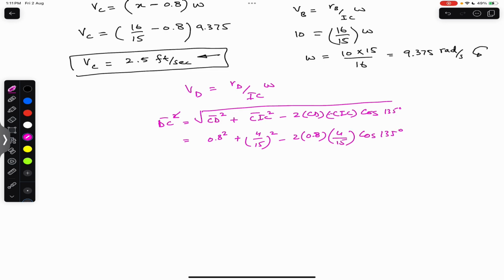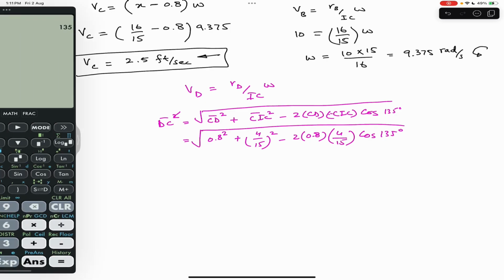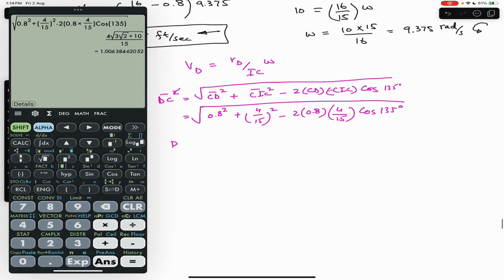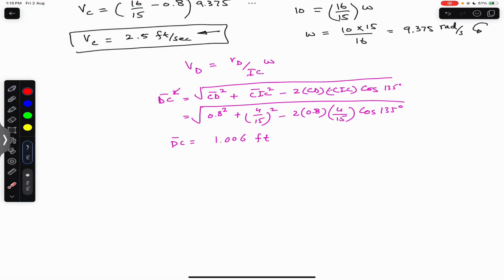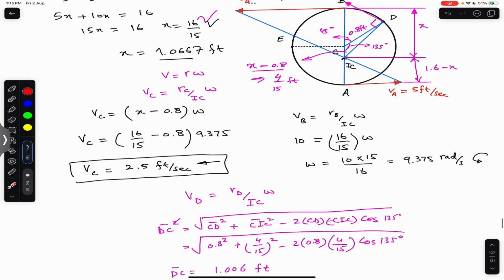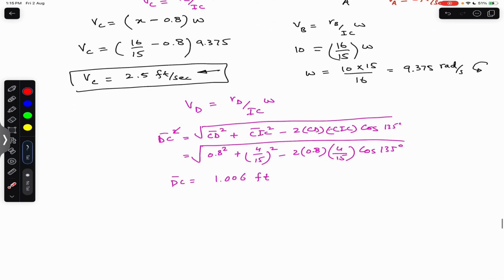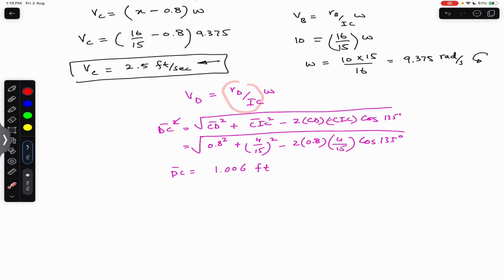So this DC comes out to be 1.006 feet. And now once we know the length of this distance between point D and the instantaneous center, we know the magnitude of the position vector from the instantaneous center to point D.